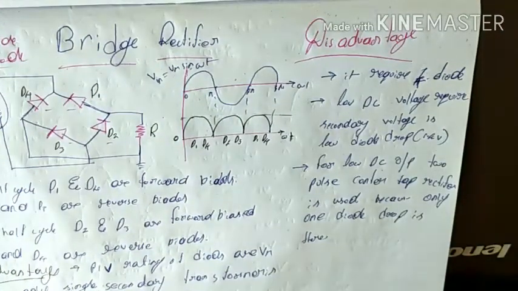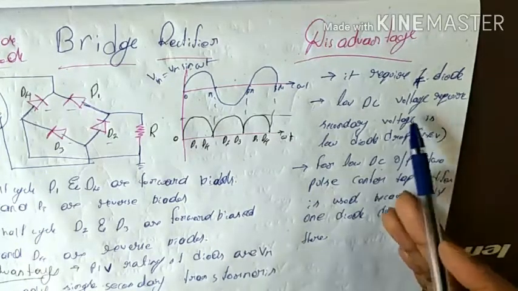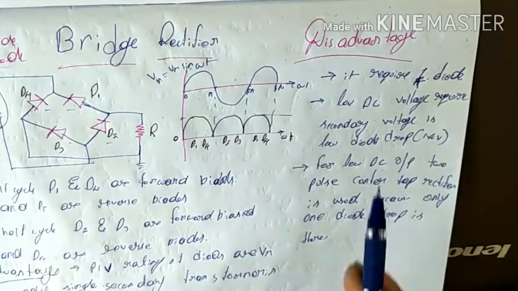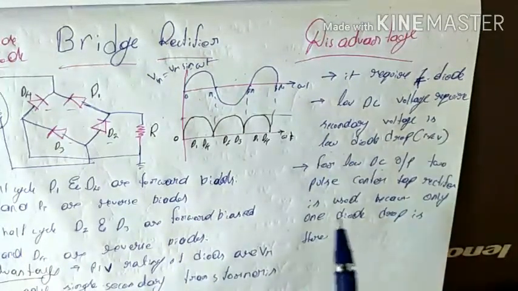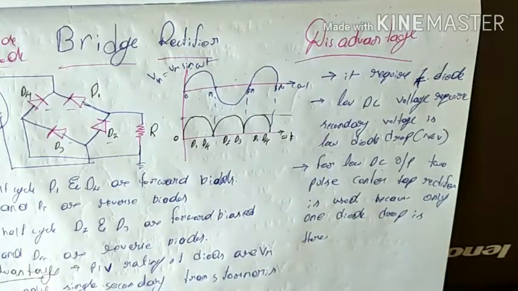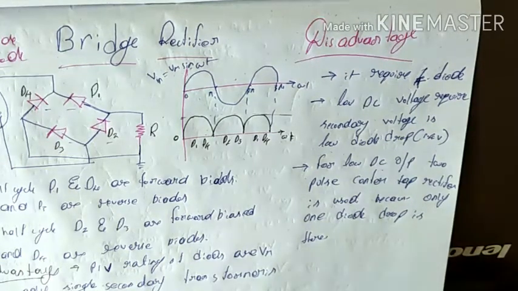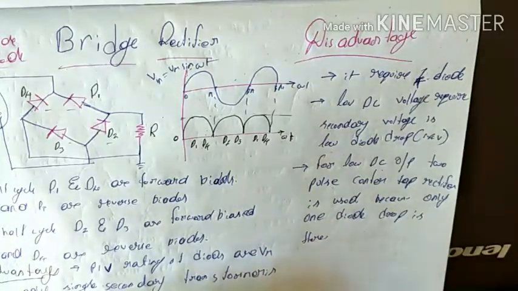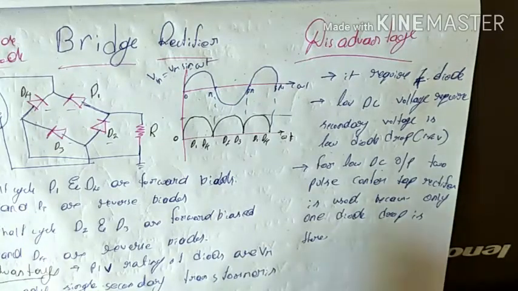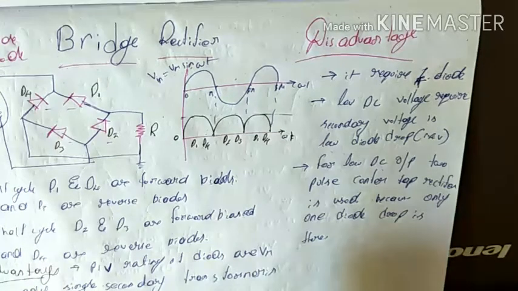The second is that when a low DC voltage is required, the secondary voltage is low and the diode drop of 1.4 volts becomes significant. And the next one is that for low DC output, a two pulse center tapped rectifier is used because only one diode drop is there.